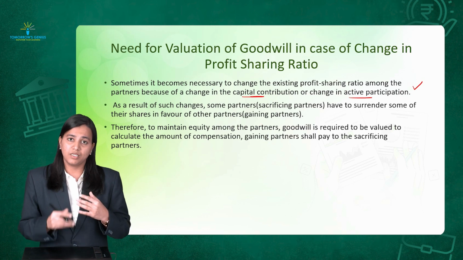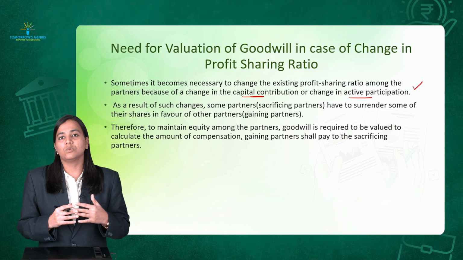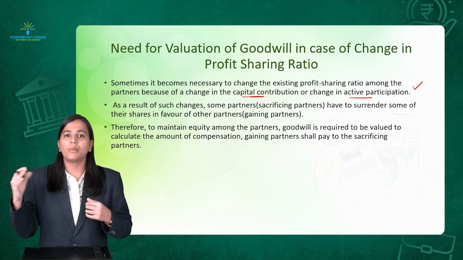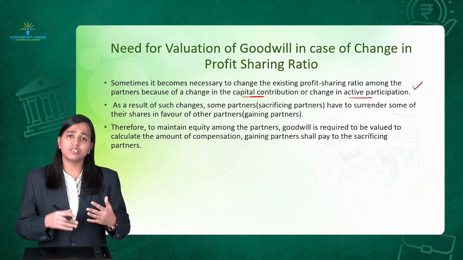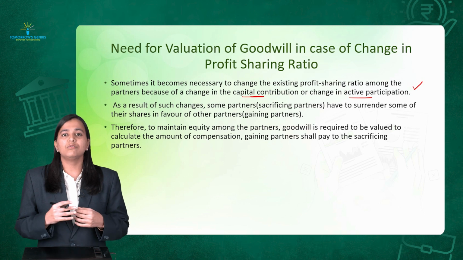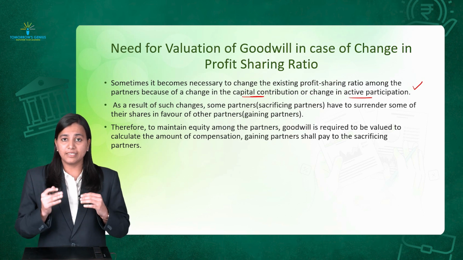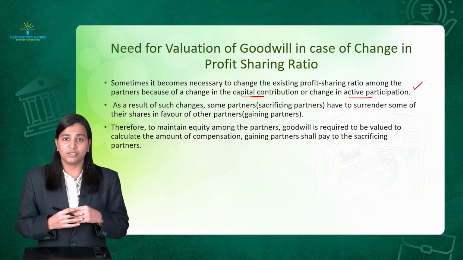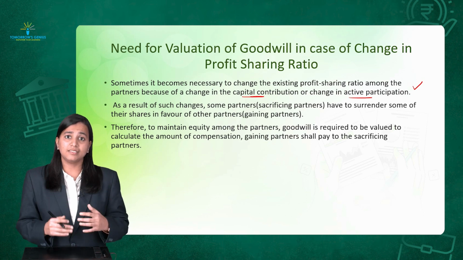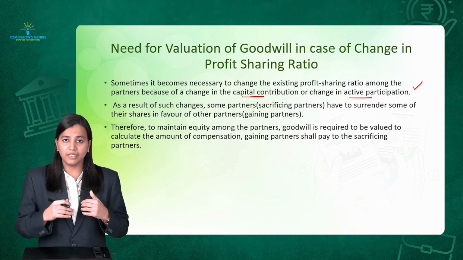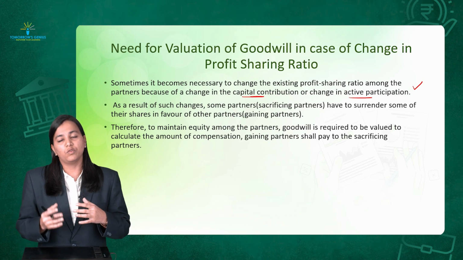So, what happens when they change the profit sharing ratio? Some partners will lose, some partners will gain. When we studied admission of partner, it was not the case, because the person who was entering was the only person gaining. But in a change in profit sharing ratio, an existing partner will be gaining and an existing partner will be losing.